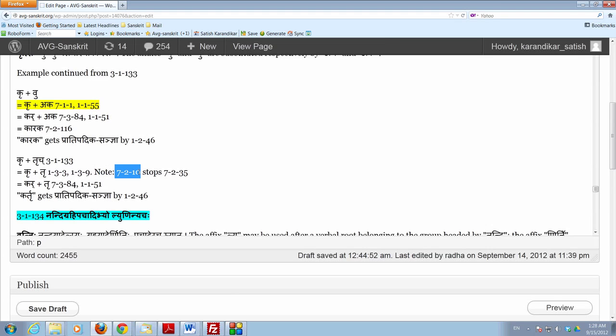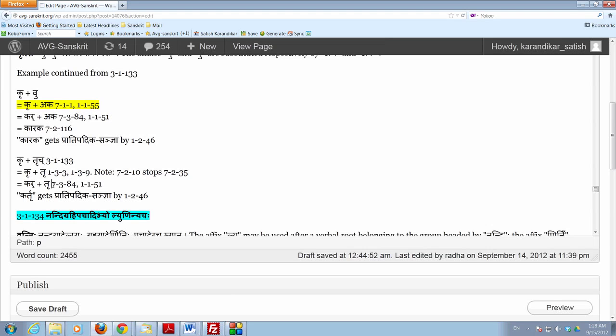So that stops the idagama which would have come by ardhadhatukasya valadehe. So idagama is stopped by 7 to 10 because dhatu kru is anudatta upadesha. This rukaraha has an anudatta swaraha in the dhatu pataha. So that stops idagama.